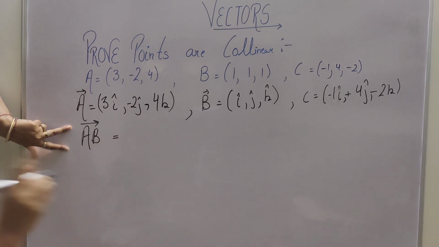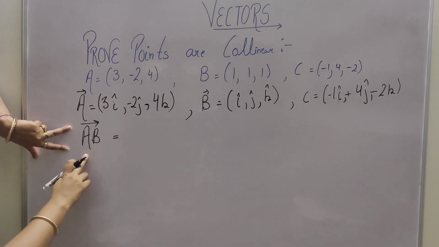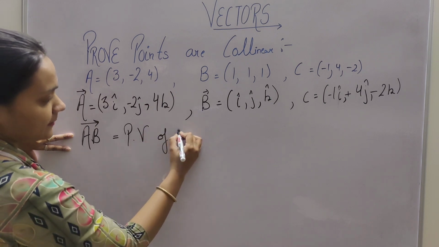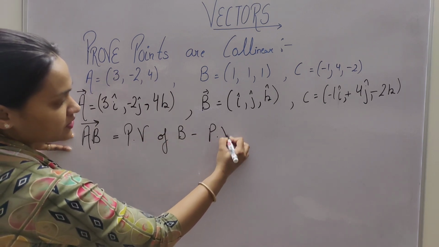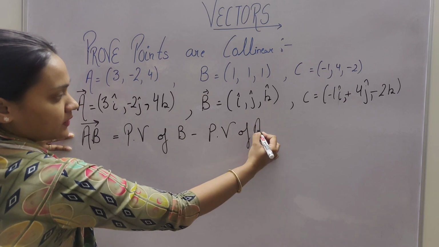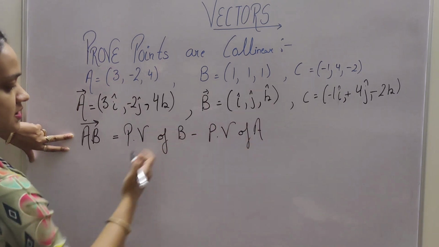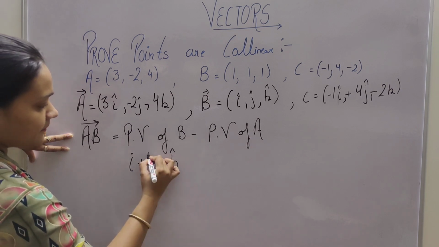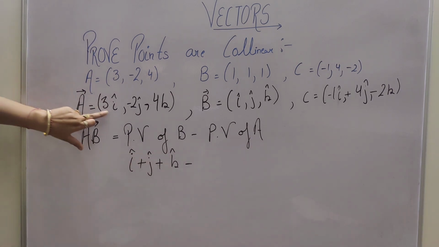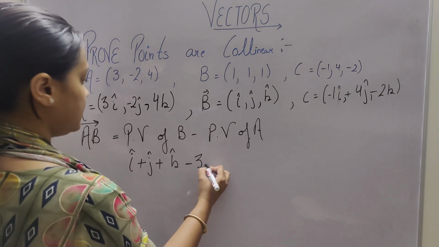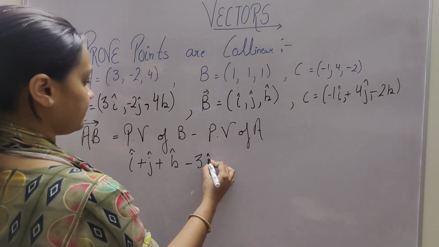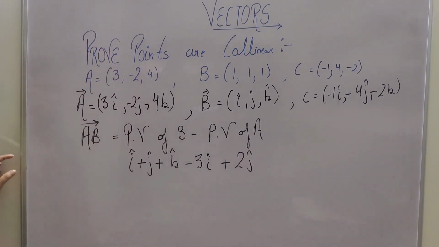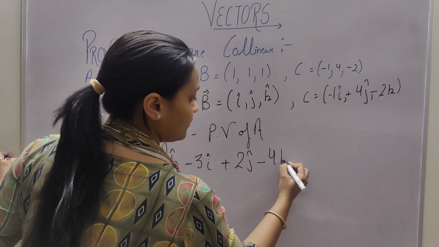So as already said, position vector of B minus position vector of A, what you have done, position vector of B minus position vector of A. What is position vector of B? This I plus j plus k minus position vector of A, which is 3 of I plus 2 of j minus 4 of k.